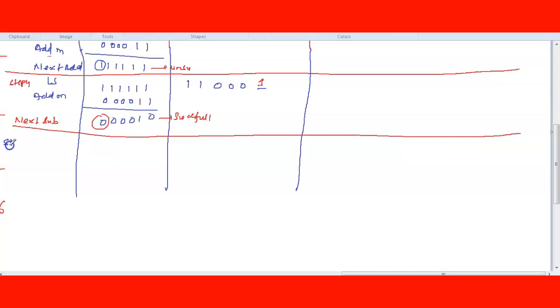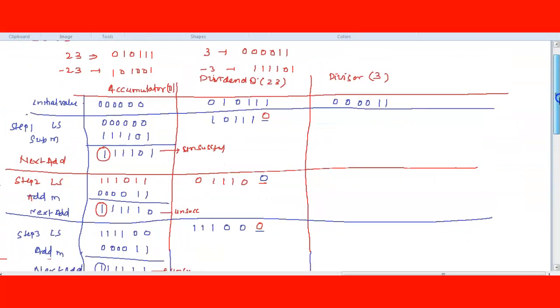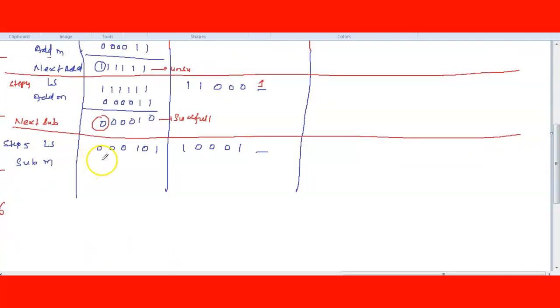Step 5, left shift. 0 0 0 1 0 1, and this is 1 0 0 0 1. This bit is empty. So subtract M. Subtract M means adding the 2's complement, which is 1 1 1 1 0 1.